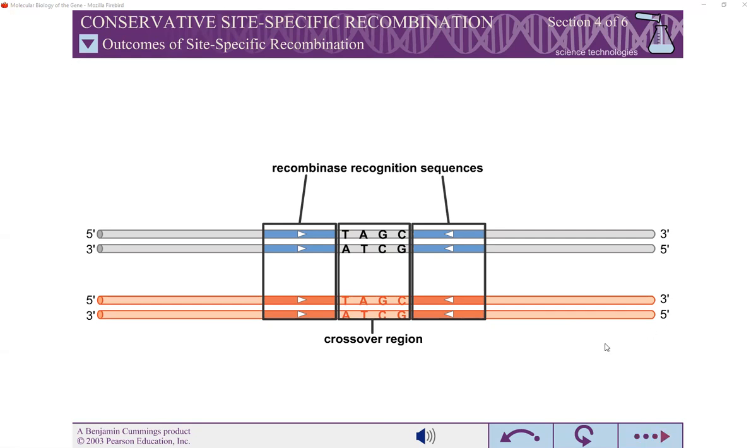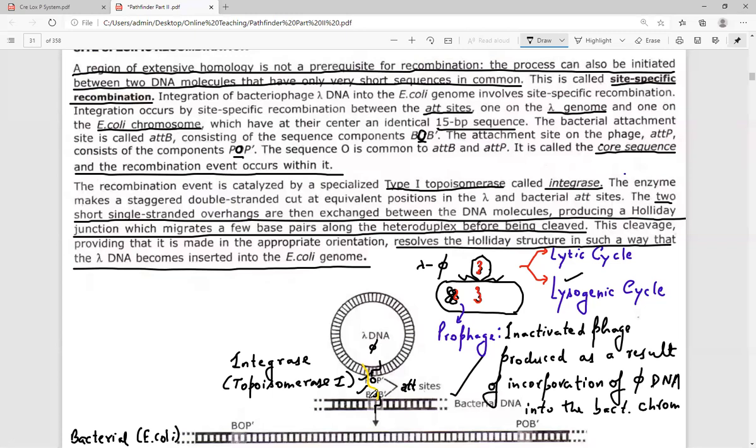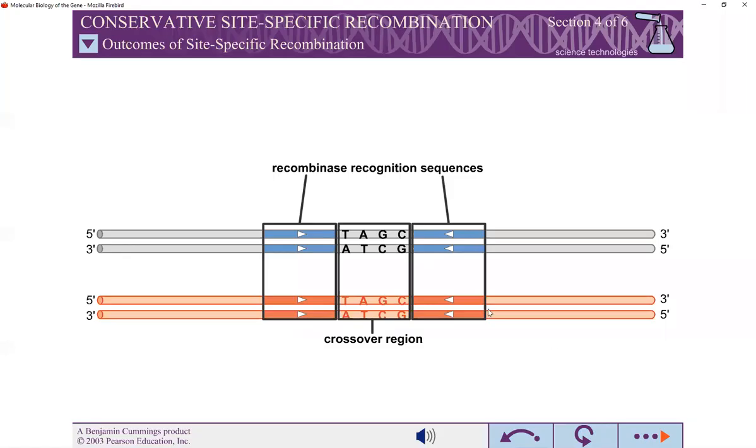There is a centrally aligned region which is similar between both the DNA molecules, and then there are short direct repeats present. These repeats will be the site where the restriction endonuclease is going to work, where the endonucleases are going to be in action. Moving backward to the animation.